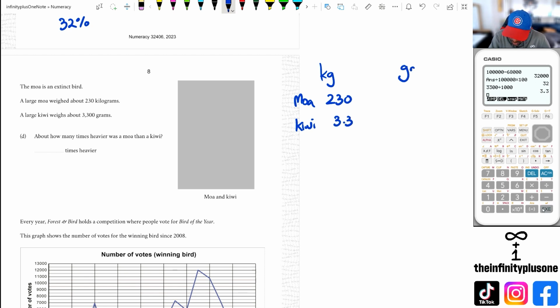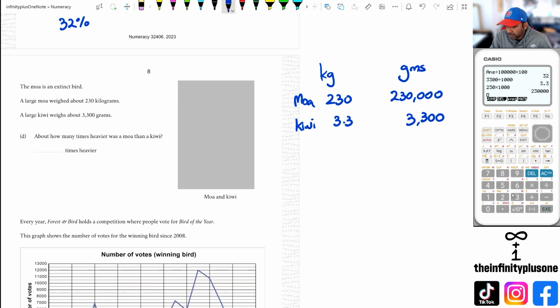If you decide to work in grams, the kiwi would be 3,300, and 230 kilograms converted to grams is 230 times 1,000, which gives us 230,000 grams. It doesn't matter which unit you go with, because ultimately you're looking at how many times heavier.